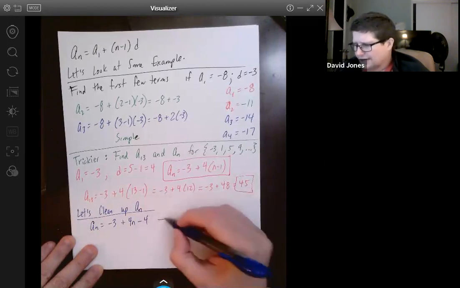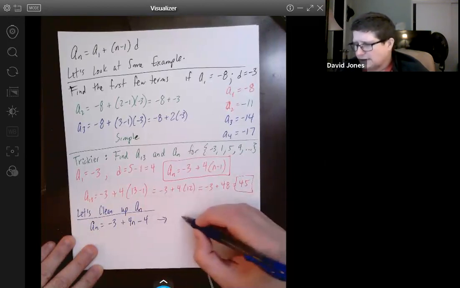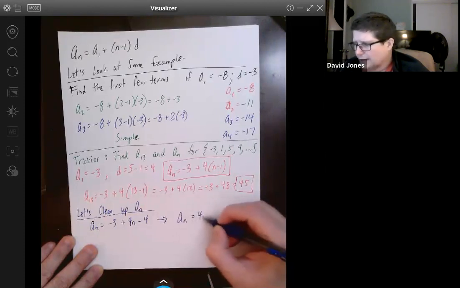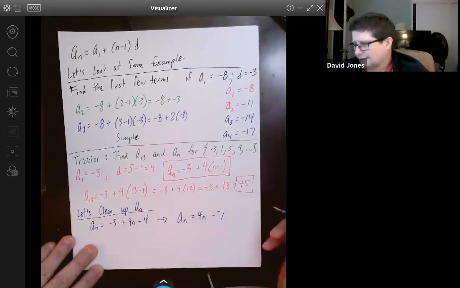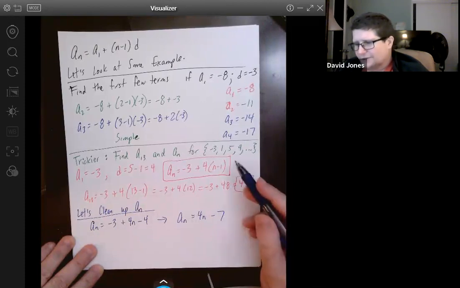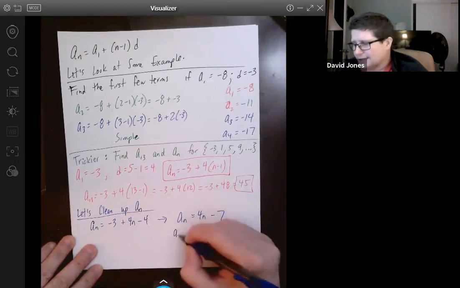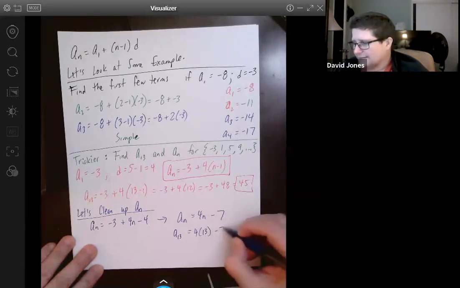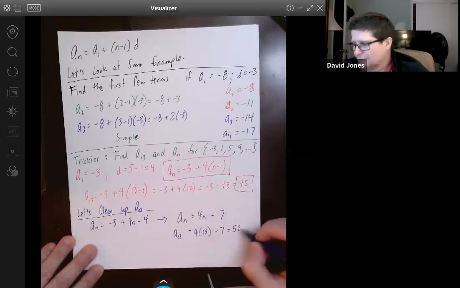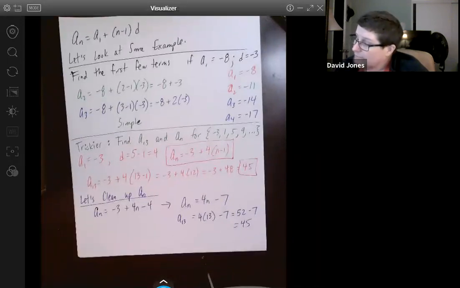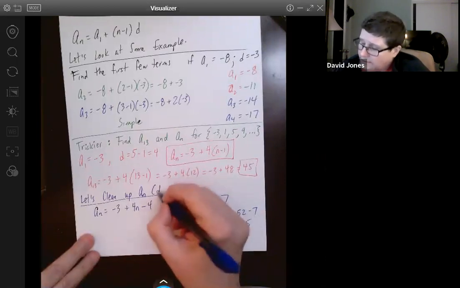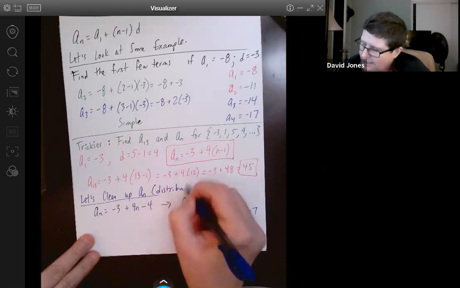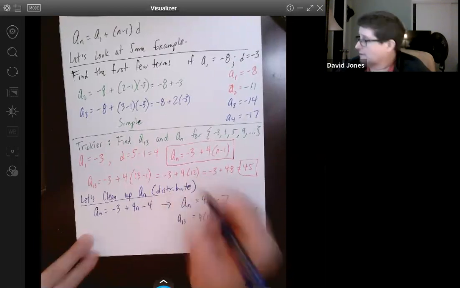And if I gather like terms, a sub n equals 4n minus 7. And if I had done that first, notice how easy a sub 13 is. A sub 13 is 4 times 13 minus 7. 52 minus 7 is 45. It's even easier. Might have been easier to clean up a sub n. I just clean it up by distributing the difference.